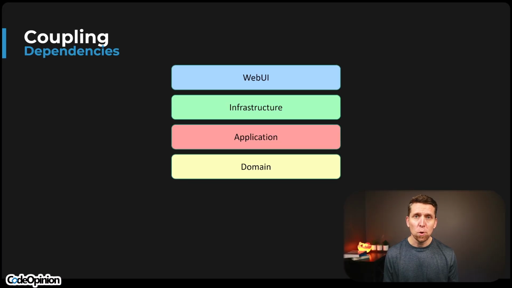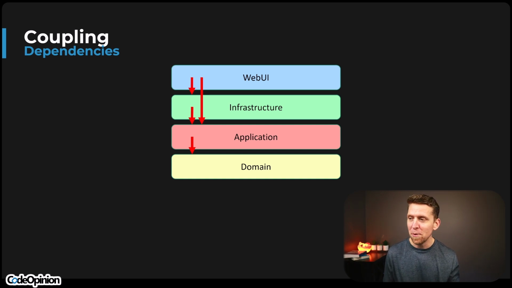Now, if I take a typical example of clean architecture, a template you might find, to illustrate it, you may have the web UI. It has a dependency on infrastructure. Infrastructure has a dependency on the application, and the application has a dependency on the domain. You may still have the web UI also dependent on the application. So these are the directions of dependencies.